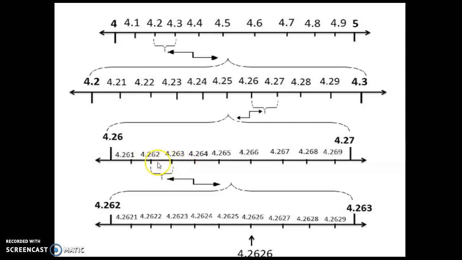In between this we have the next decimal, so we expand it in the fourth line: 4.262 and 4.263. In between that we have 4.2626. Understood? This is how we have to show it with successive magnification, finding the real number on the number line.